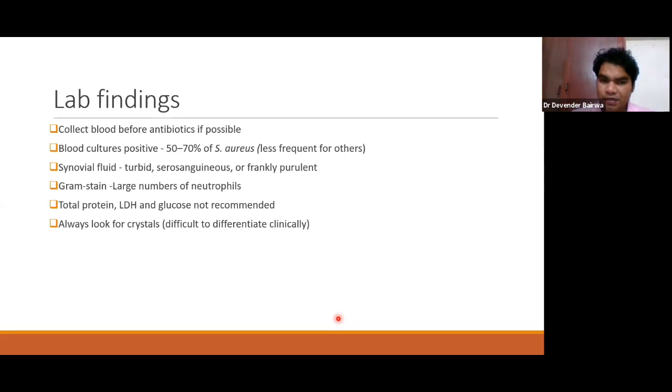As we discussed earlier, always look for crystals, because clinically you cannot differentiate between acute crystal arthropathy and septic arthritis. Both can have fever, both can have a tender swollen joint, and both can have a very high WBC count. In fact, in many cases of crystal arthropathy, there will be a hidden infection also. So always look for crystals, or vice versa.